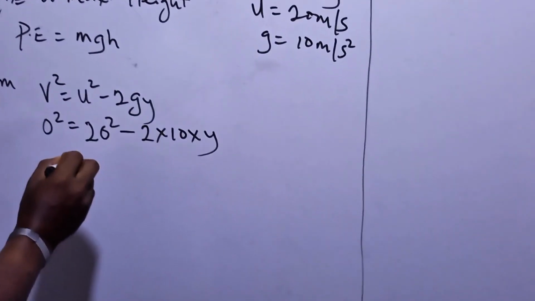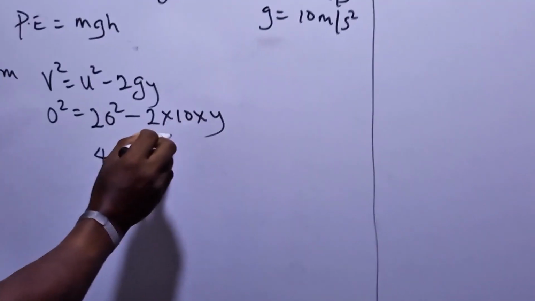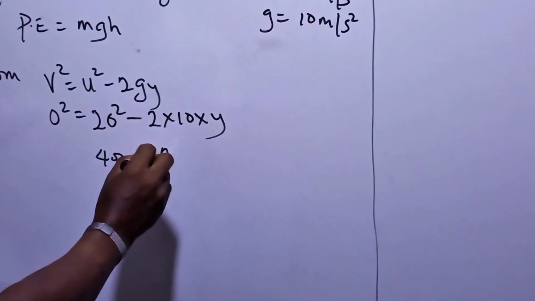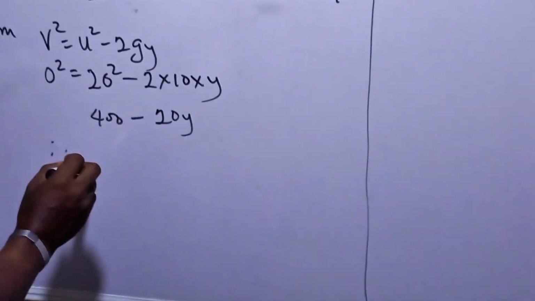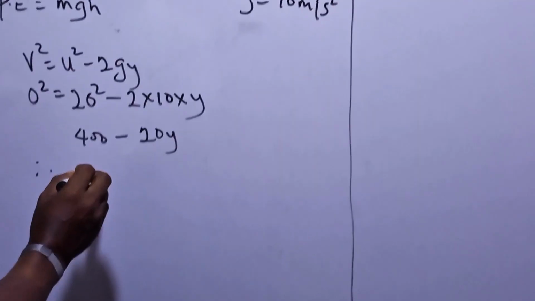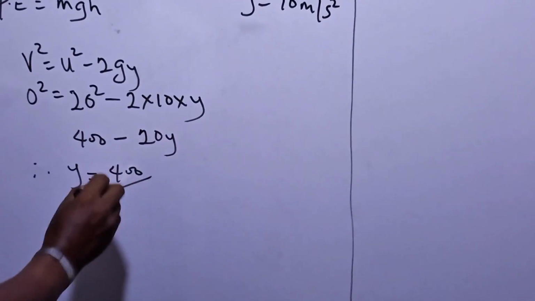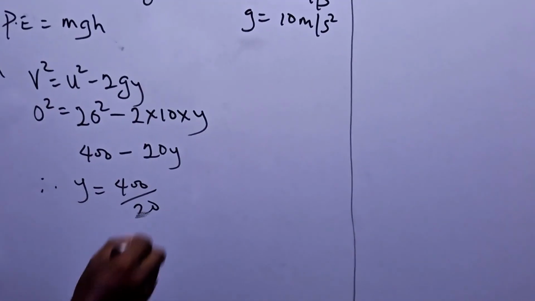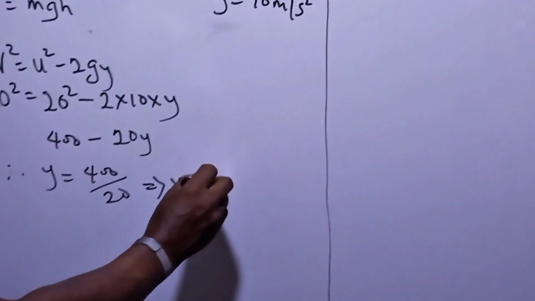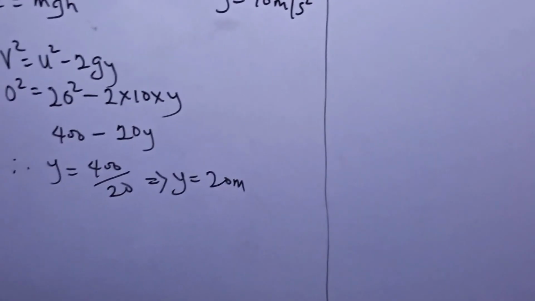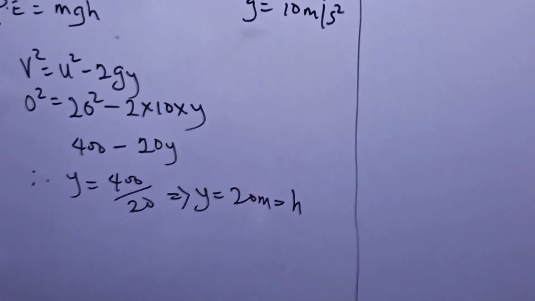Now 20 squared will be 400, minus 2 times 10 is 20, multiplied by y, we'll have 20y. Therefore, y will be equal to 400 over 20, and y will be equal to 20 meters. That's 400 divided by 20. And this 20 meters is the height, still y.